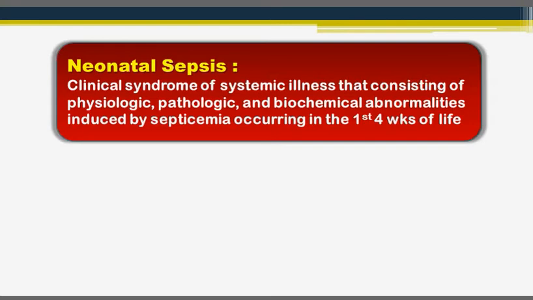So that's why we extend to the 3 months of life, because if you calculate the gestational age, 28 weeks, and you add 12 weeks to it, you reach the term baby, the ideal full term baby, which is 40 weeks. So that's why we can extend the definition or the duration of neonatal sepsis up to 90 days of life.